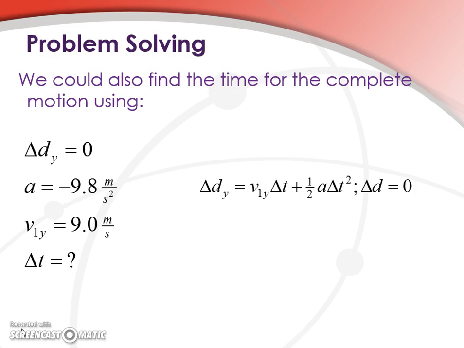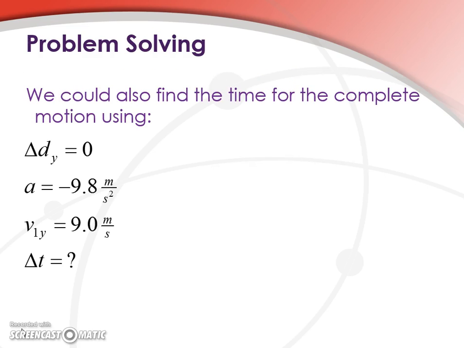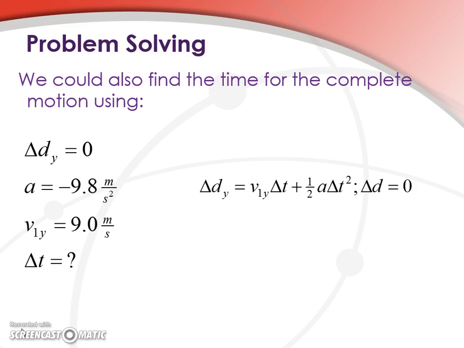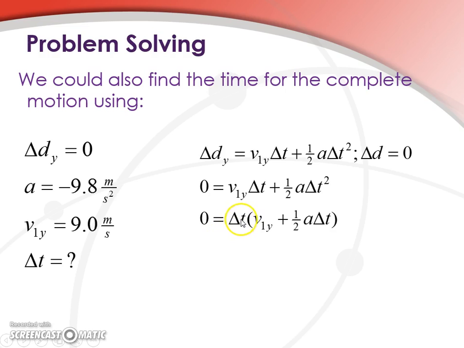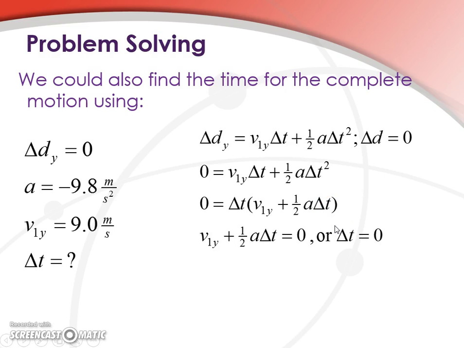So in this case, we can simply state that delta dy equals 0 because we have a symmetrical parabola, and use that to set up our expression where v1y delta t plus 1/2 a delta t squared equals 0. Factor out delta t and get either delta t equals 0 or v1y plus 1/2 a delta t equals 0.